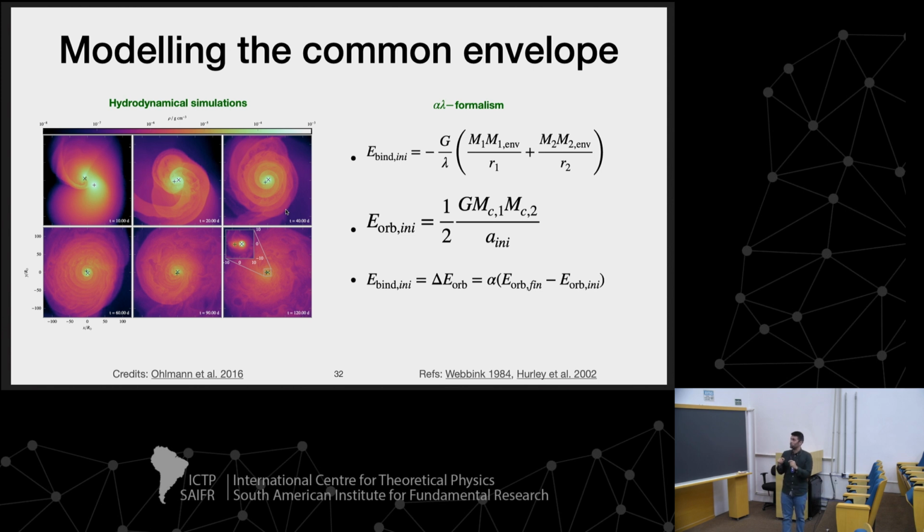So what we want to do is to introduce these two free parameters, the alpha and lambda parameters. Lambda depends on the evolutionary stage of the massive star, while the alpha parameter is a free parameter. And basically, it tells you how efficient the common envelope is at shrinking the binary system. Please ask a question if it's not clear.